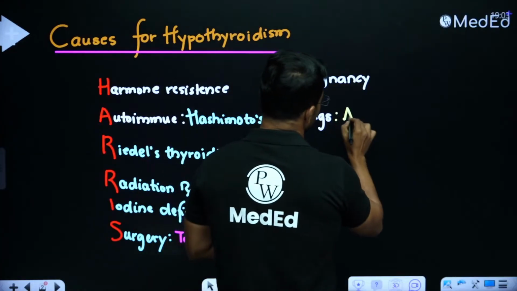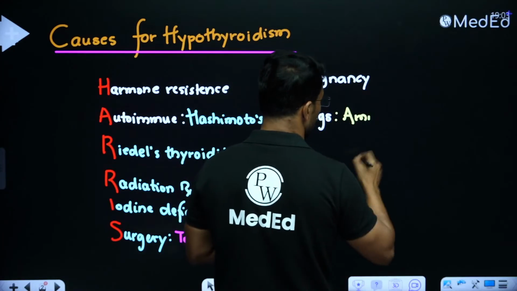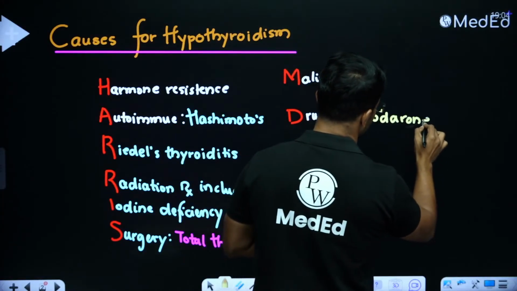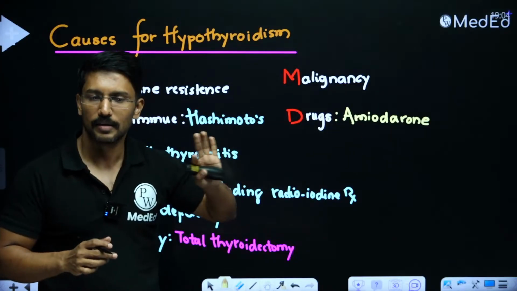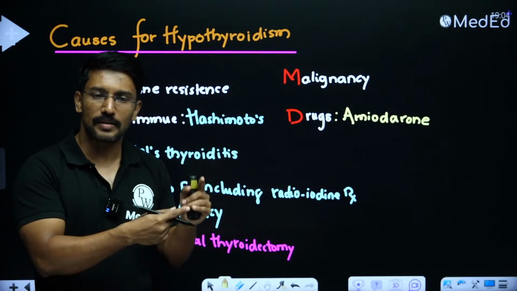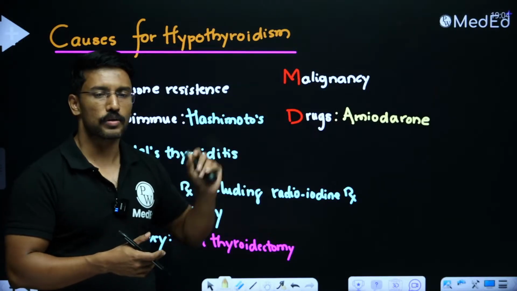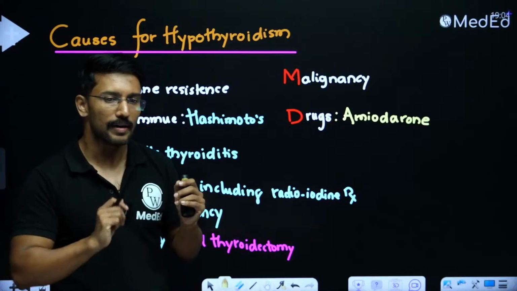Amiodarone is known to cause both hypo as well as hyperthyroidism because this is an iodine containing drug. This iodine can inhibit the thyroid hormone synthesis with the help of the Wolff-Chaikoff effect. So it can cause hypothyroidism. By making more iodine available, it can also cause hyperthyroidism.